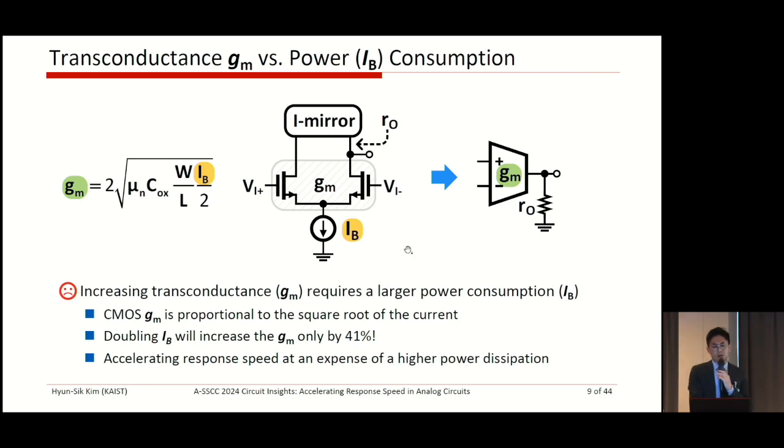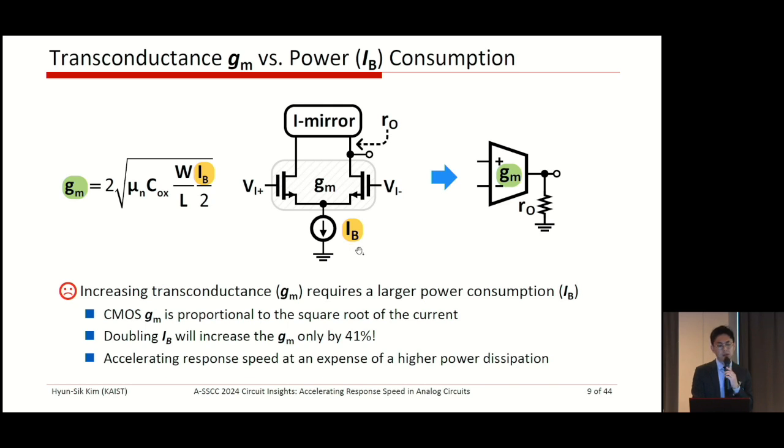Okay, so let's turn our attention to maximizing the transconductance. Actually, this transconductance is determined by the aspect ratio, size, and the bias current, okay? So as you see, in CMOS, the transconductance is proportional to the square root of the bias current. The bias current is here, IB.